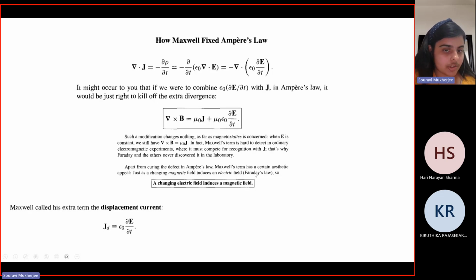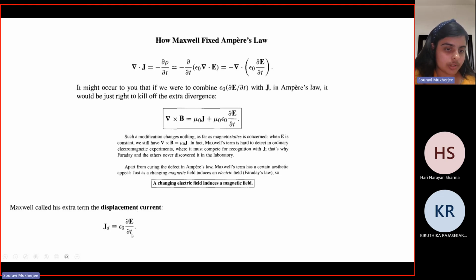Similarly, in Faraday's law, we saw a changing magnetic field induces an electric field. So this shows how intertwined electric and magnetic fields are. So this was how this connection was established, and that's why we are reading electromagnetic theory together today, right? This term here, epsilon naught del E del t, is termed as the displacement current.